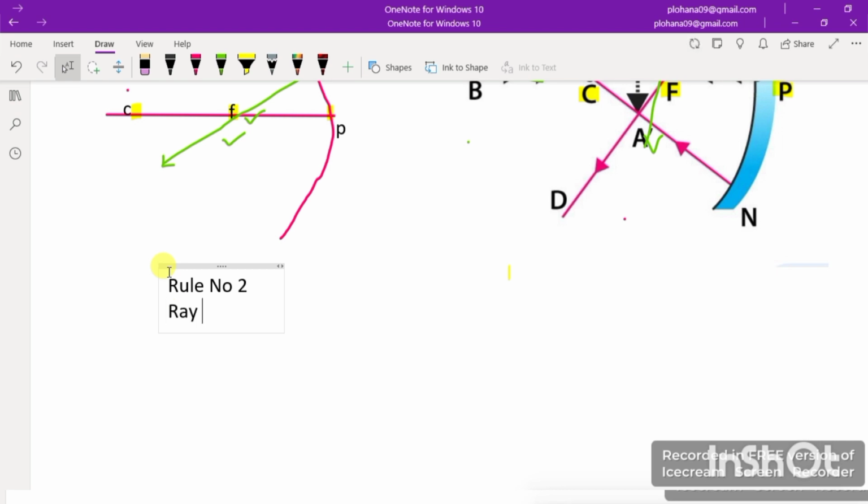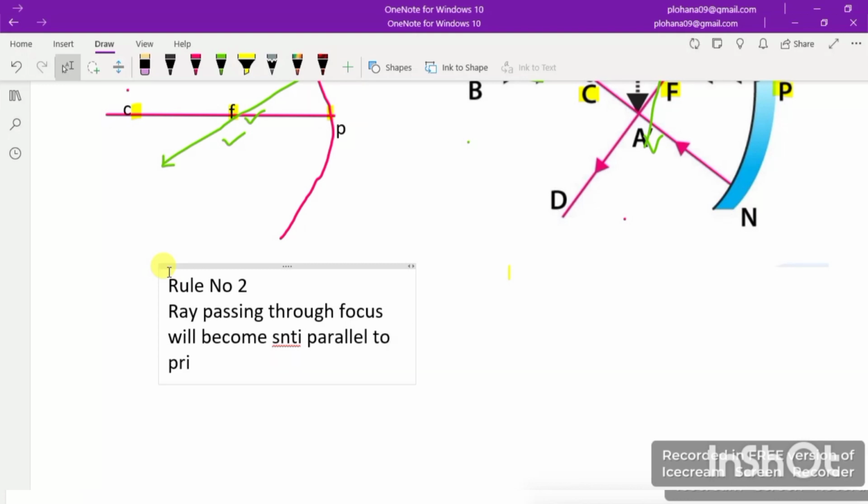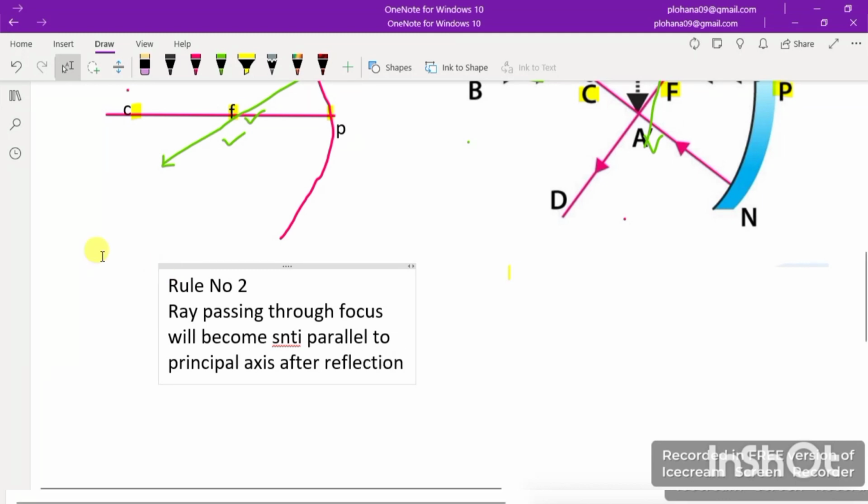It says a ray passing through the focal point will become anti-parallel to the principal axis after reflection.